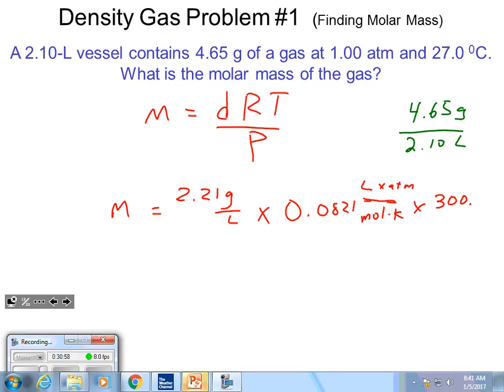So that's going to give me 300.15 Kelvin. My pressure for this whole thing is 1 atmosphere.